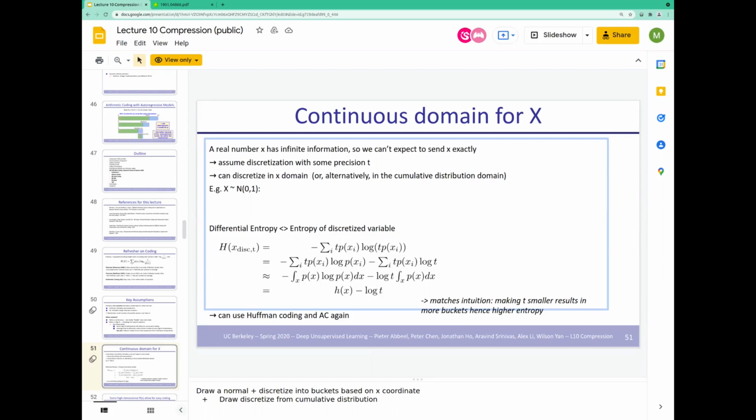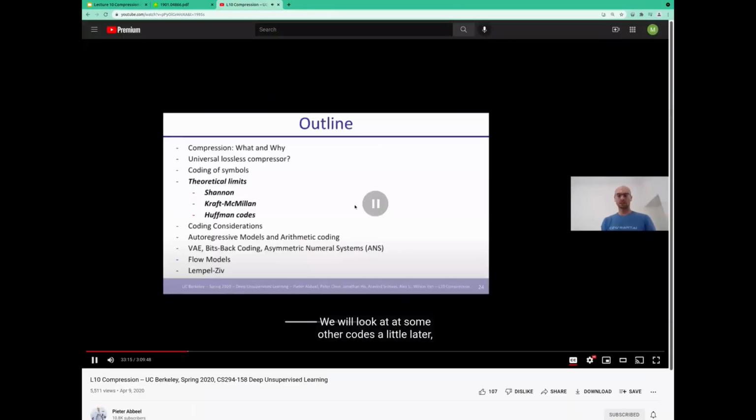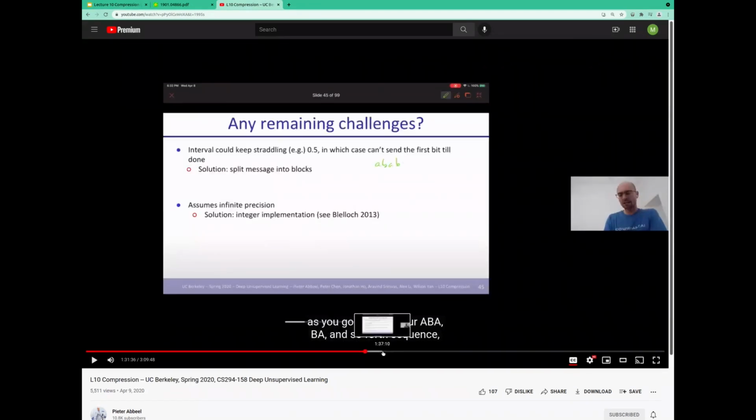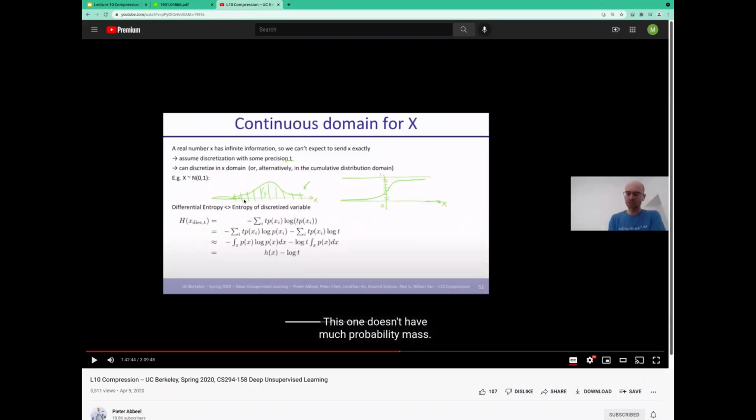The slide shows the picture here. So you can cut it up on the x domain, or you can do it in the y domain when you use the CDF. Those are the two options.